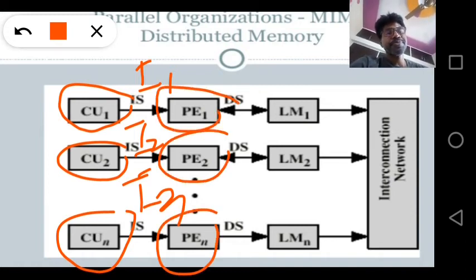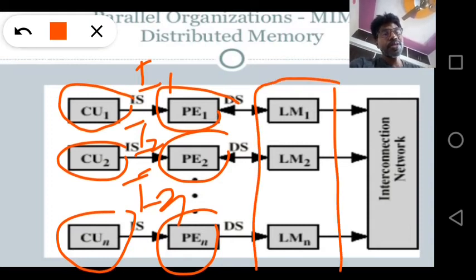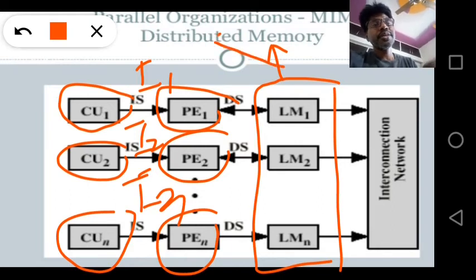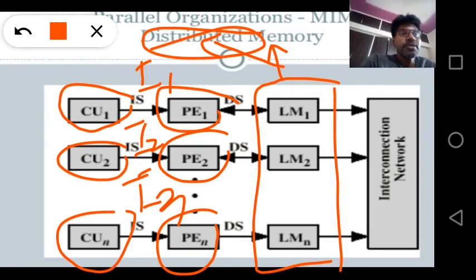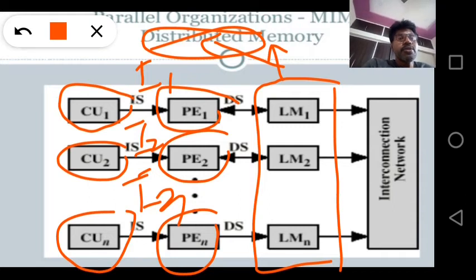But here this is the total memory, and it is a distributed memory. So what is meant by distributed memory? Distributed memory means memory is divided into different memory locations or memory parts. Memory is also divided here.